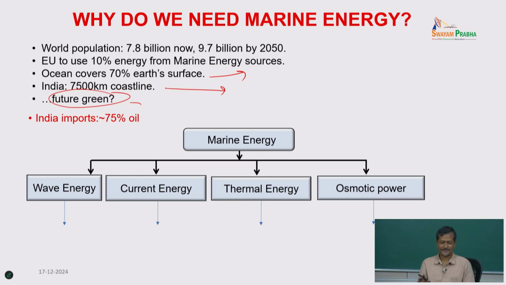So if you see marine energy, basically there will be this energy whatever we are discussing, actually energy from water: wave energy, current, thermal, osmotic power. Another energy is there, floating solar and wind.